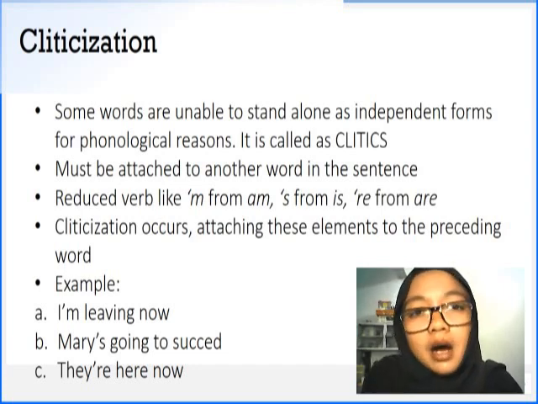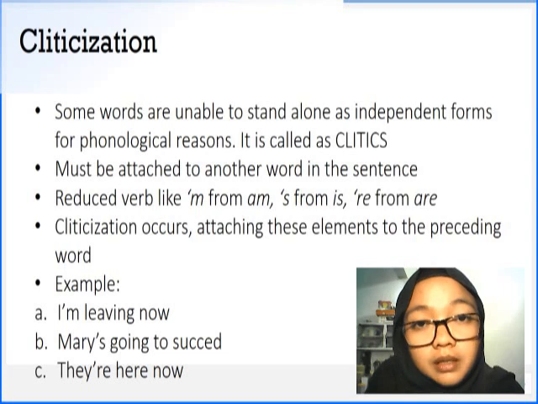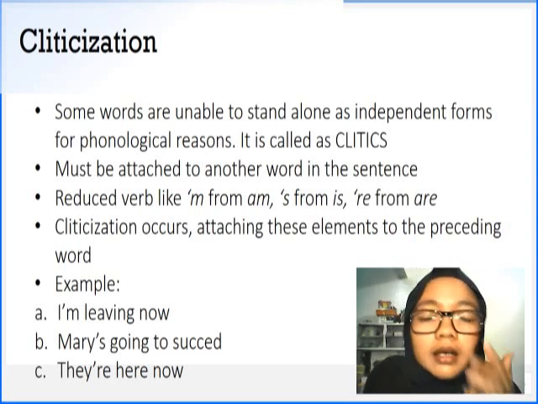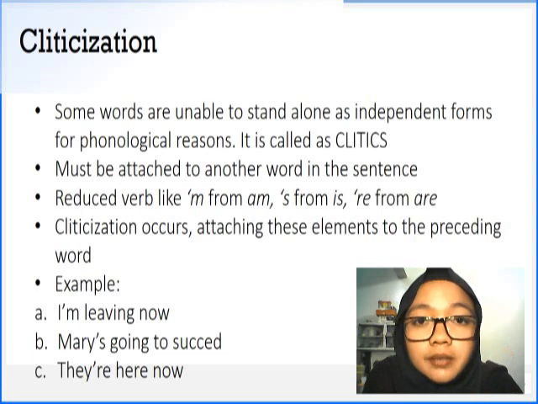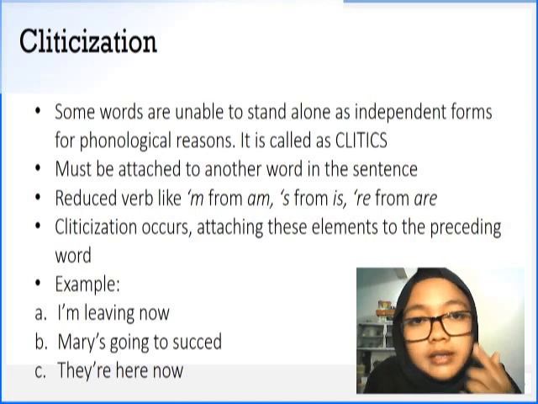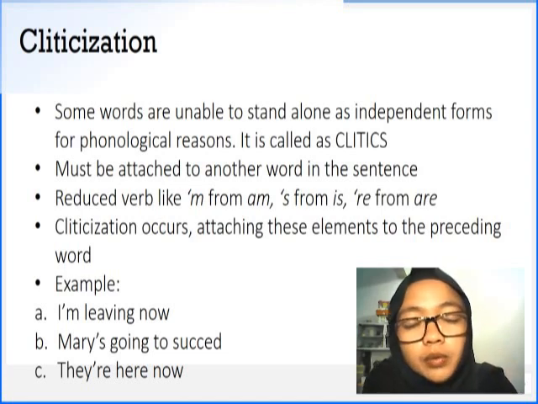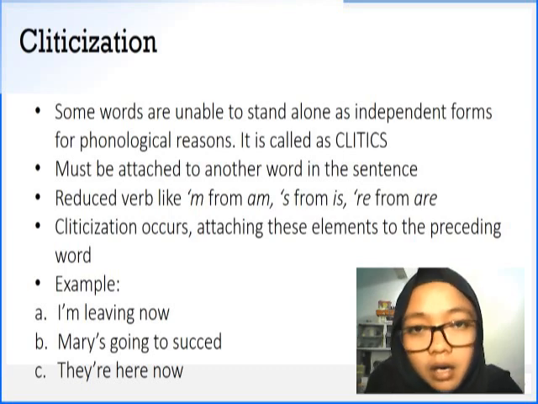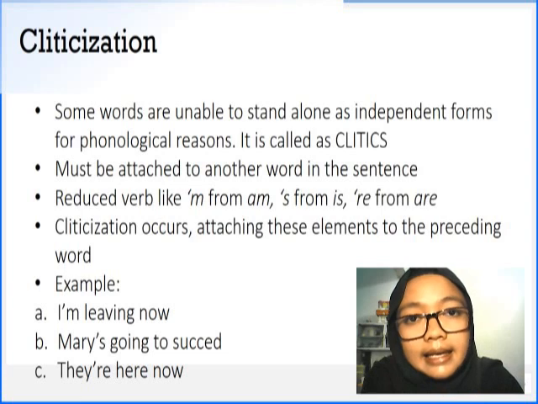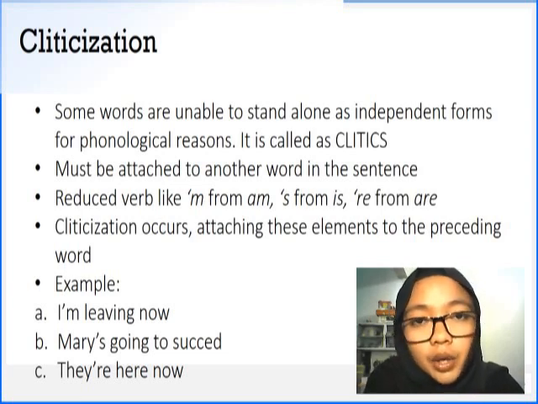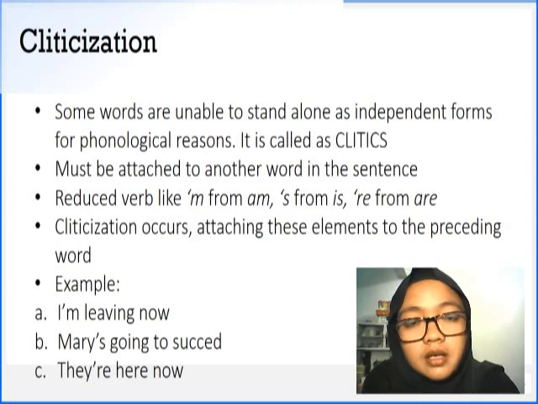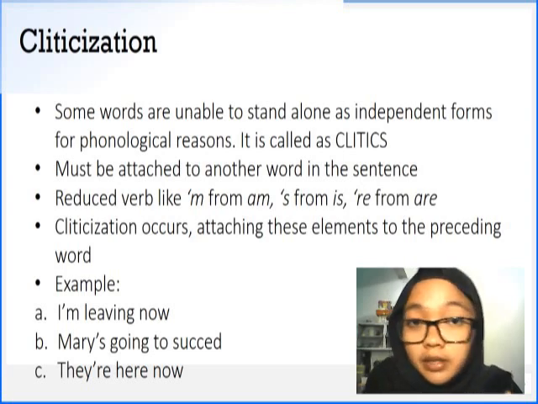They are over there, at normal speed. But in communication, sometimes people talk quickly. So when we want to say they are not here, they're not here, the a in are is reduced. So this is from phonological reason. You got a point? I hope so.